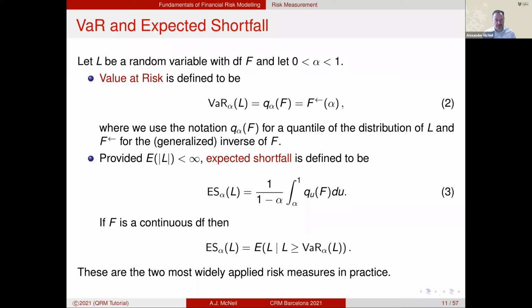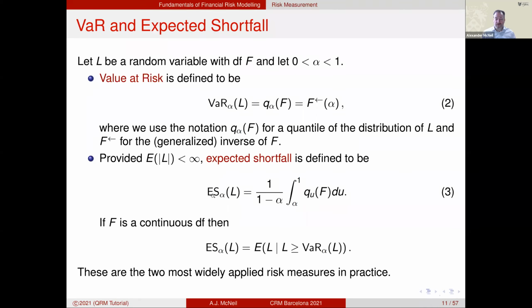Those are typical values. Expected shortfall, on the other hand, can be thought of in two ways. The way we tend to define it is as an integral of the quantile function. So if we integrate from level alpha to level 1 the quantile function, so u is the level, and we divide by 1 minus alpha, we get a kind of average over the quantiles.